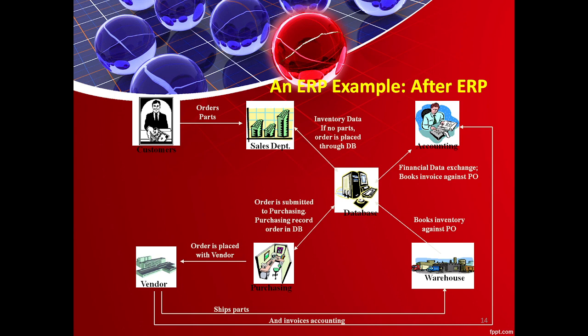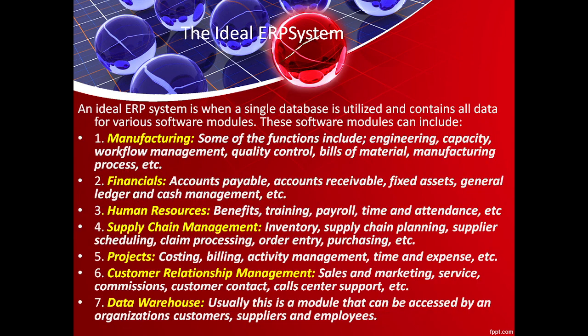So the sales department is in a good position to manage the information with the other departments, which is supplied to the central database. And this central database is connecting with itself the purchase department, warehouse department, and accounting, and all things are taking place in proper coordination with the help of ERP.